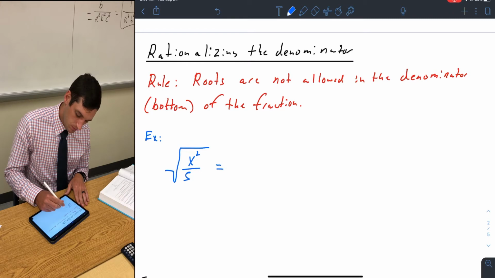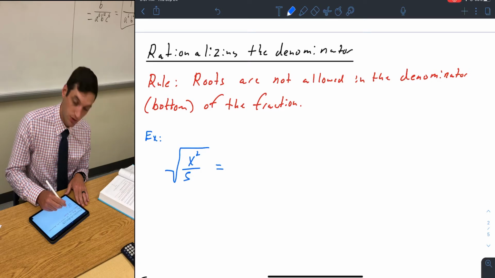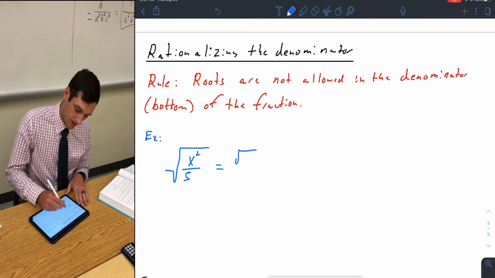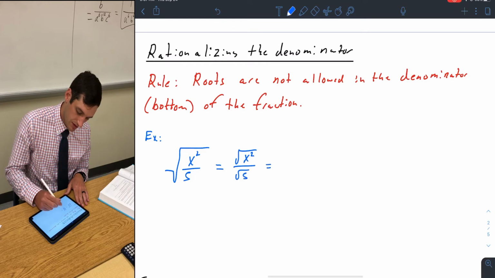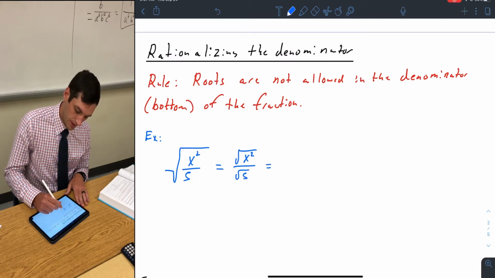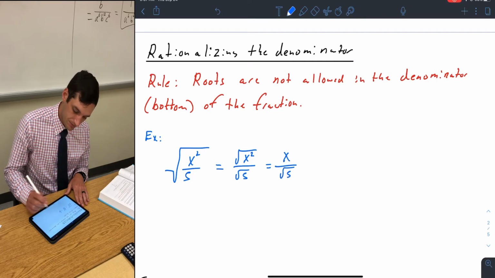Okay, so the square root of x squared over 5 is equal to, according to our quotient rule, the square root of x squared over the square root of 5, and then the square root of x squared is x over the square root of 5.